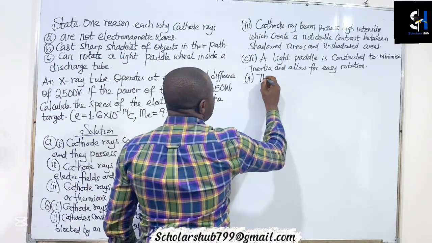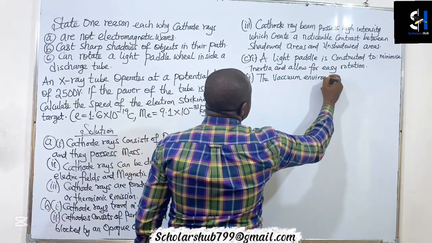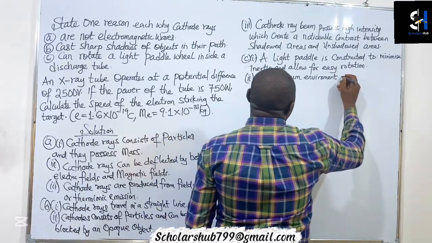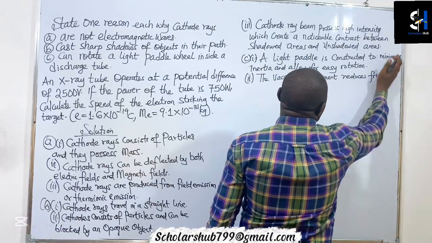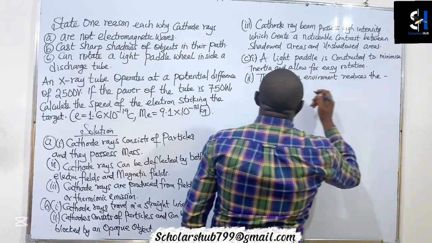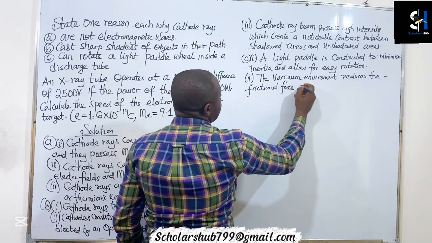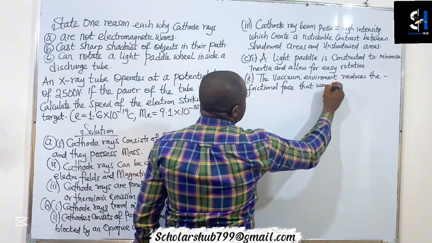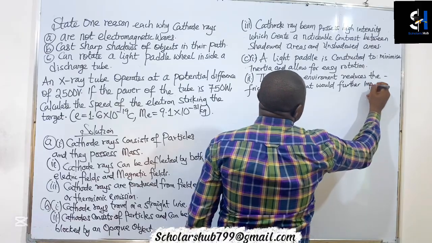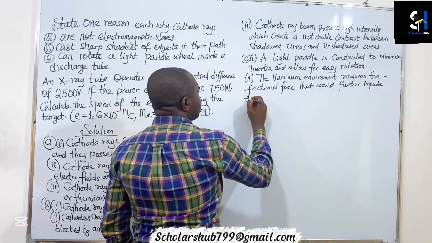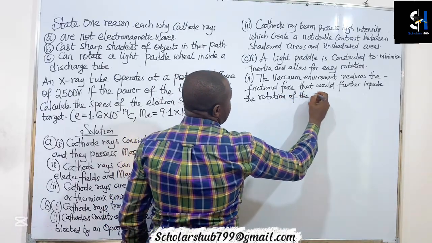That is, the vacuum environment reduces the frictional force that would further impede the rotation of the paddle wheel.